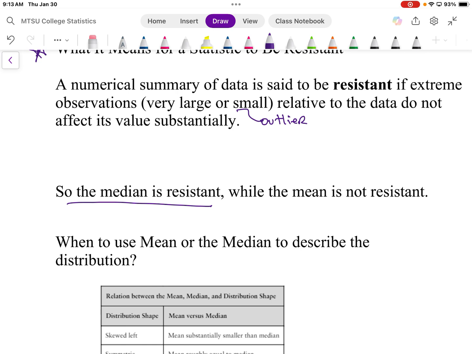Whereas the mean is not resistant. The mean is affected by the outliers. And we talked about that with our skewed graphs in the previous chapter. We said, if it was skewed right, what was greater, the mean or the median? If I had a graph that was skewed right, sloping down to the right, is the mean greater than the median or vice versa?